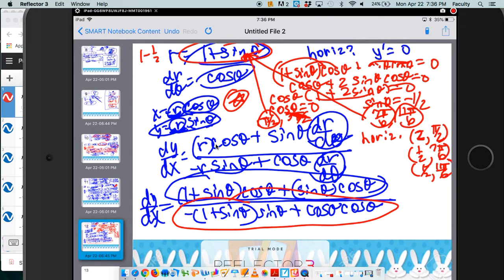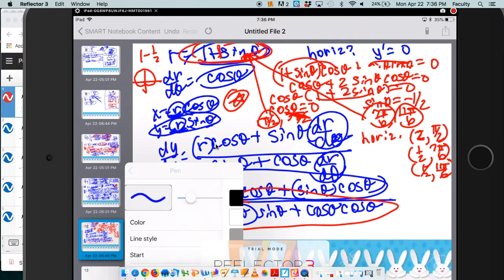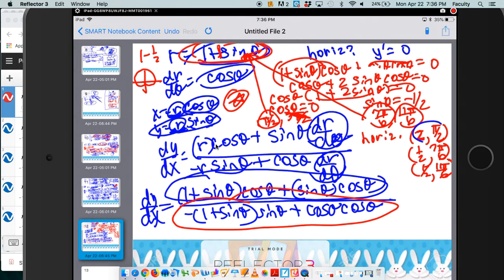Okay. So what this is, I'm going to draw a little bitty picture of this up here if I can. This is a little cardioid, 1 plus 1 sine theta. Should be going up like this. And so I have horizontal tangents at pi over 2, 2.